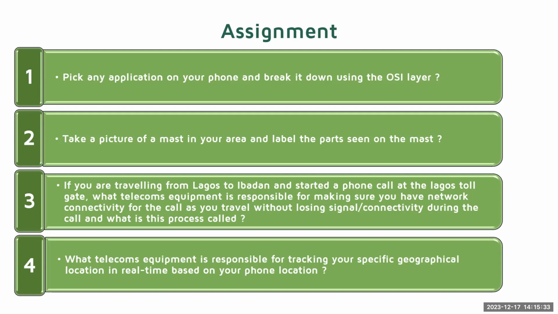So if you're going to work every day from, let's say, Lekki to Ajah, the VLR, which is the Visitors Location Register, records your geographical location at every given point in time, for the purpose of being able to route any telecoms request to your phone in real time. So the VLR has a record of where your phone is at every given point in time. So that is the answer to all of that.